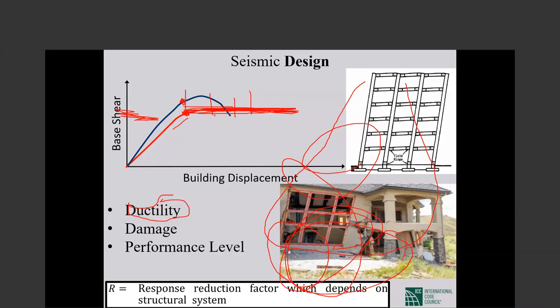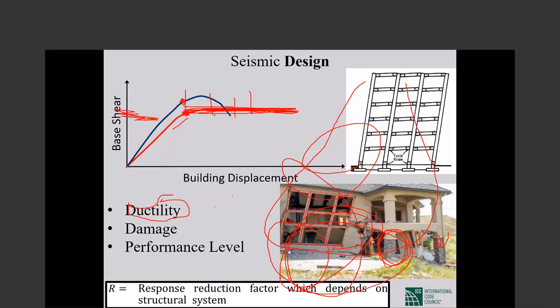Because if this element that is getting damaged now loses strength, then the diaphragm transfers its load to this one, this loses strength, so progressive collapse happens and the building will collapse. We don't want the collapse. We accept the damages, but we want damage without collapse.